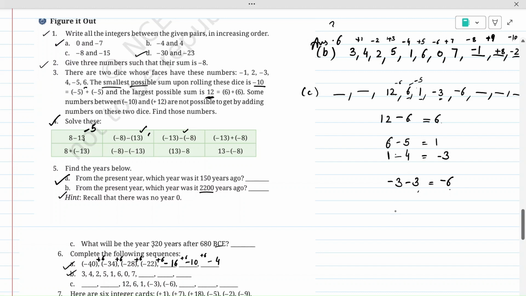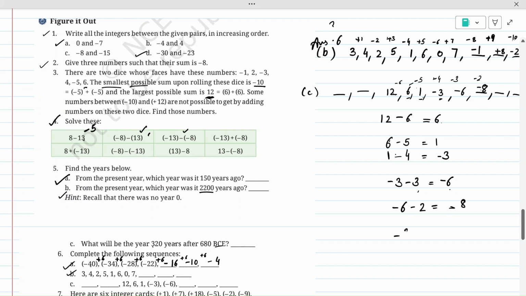So now from minus 6, I have to subtract minus 2. So minus 6 minus 2 will give me minus 8. Okay. I'm writing minus 8 here.